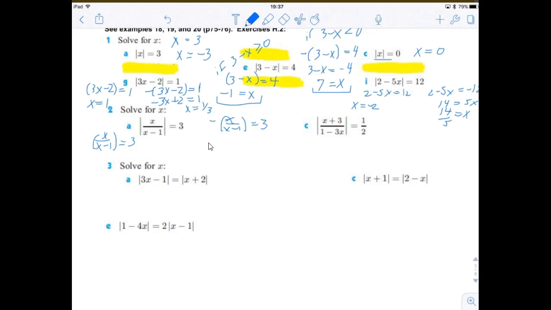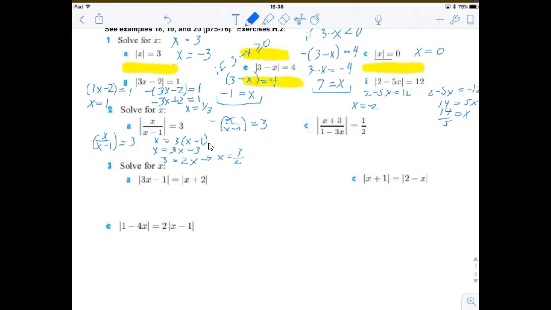So for this one, we'll have x equals 3 times x minus 1. Distribute the 3, we have x equals 3x minus 3. Now we'll have 2x equals positive 3. So x equals 3 halves.